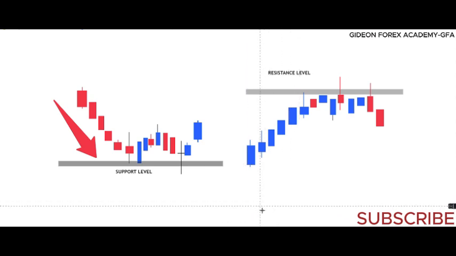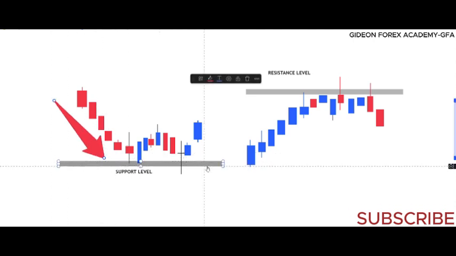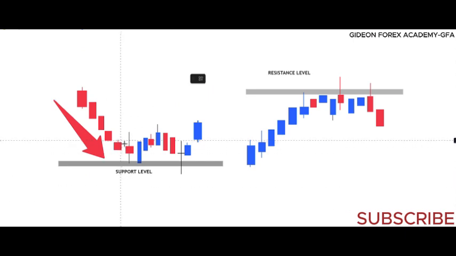So guys, watch this. It is more like a reversal strategy. If the market has been trending downwards like this in a lower time frame of 15 minutes, and then you see your previous support level, this kind of reaction, and you see a kind of consolidation in between here, you see that the price is not really closing above or below.